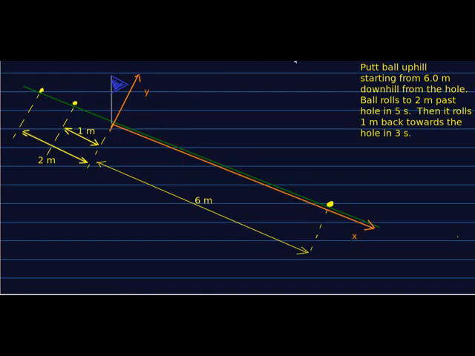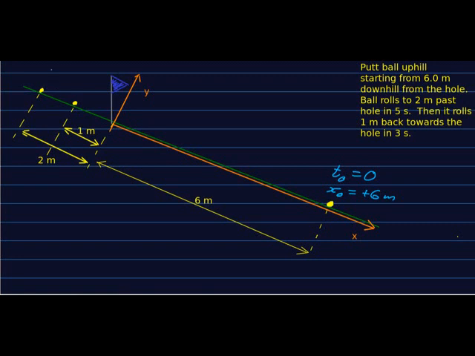And now I'm going to start giving things names, because we're going to have to talk about positions and times and so on, and it's hard to talk about things if you haven't given them names. So I'm going to call the instant that we putt the ball t0, and I'm going to define that as 0, the time that is 0. And now look at x0. I've defined my origin here, and we're 6 meters in the direction I've called positive from it, so that's plus 6 meters.